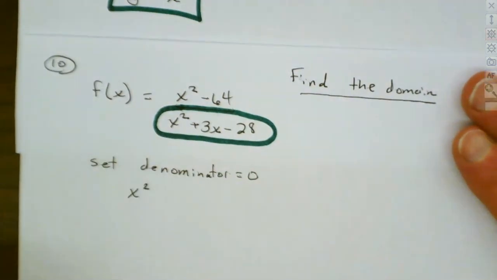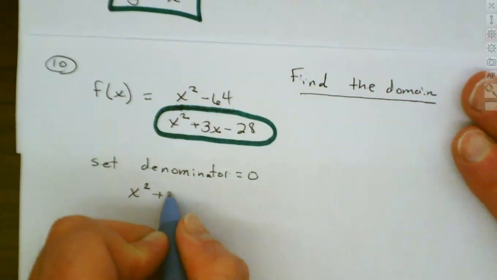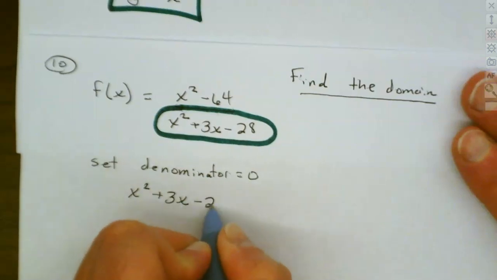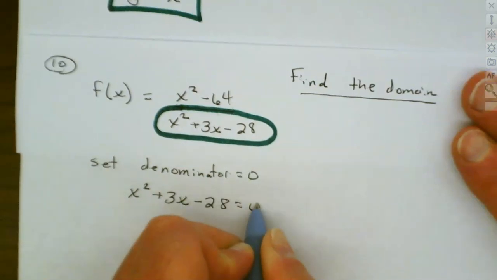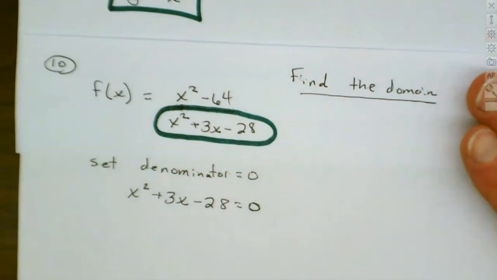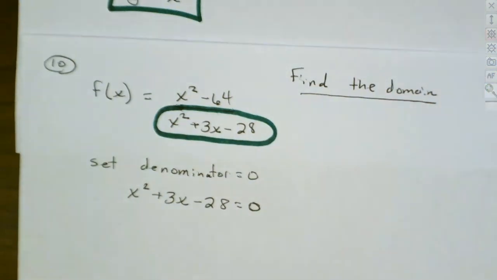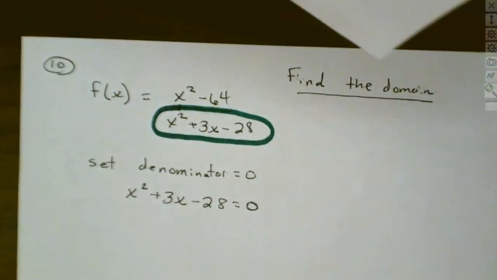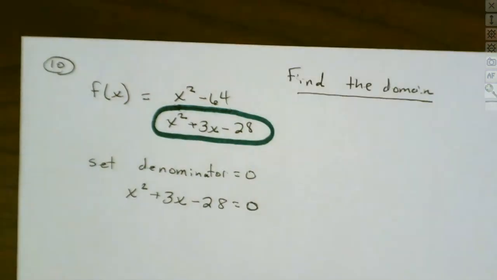So we have x squared plus 3x minus 28 equals 0. When we talk about finding the domain, you do not have to worry at all about the numerator, the top half of that fraction. It doesn't matter. All right, that's irrelevant. When we talk about the domain, all we want is division by 0.